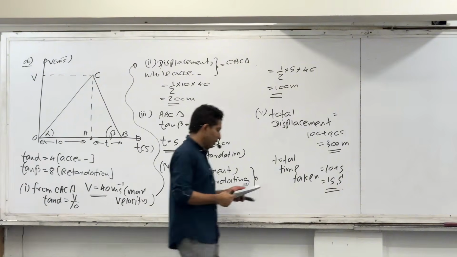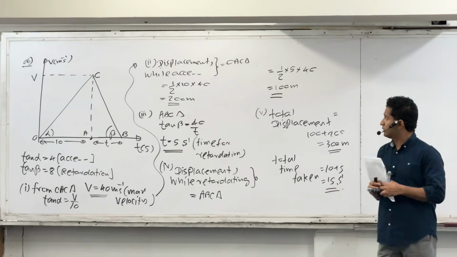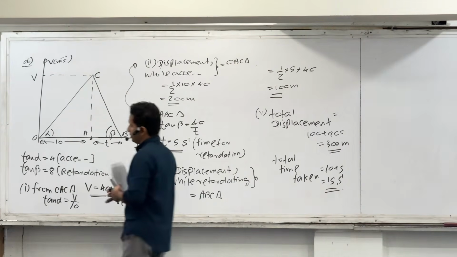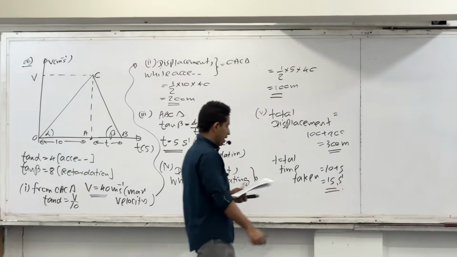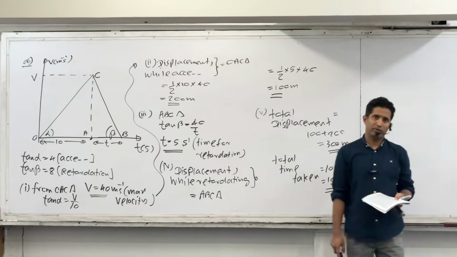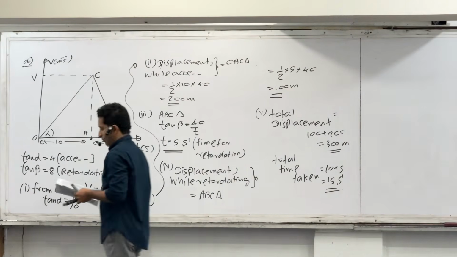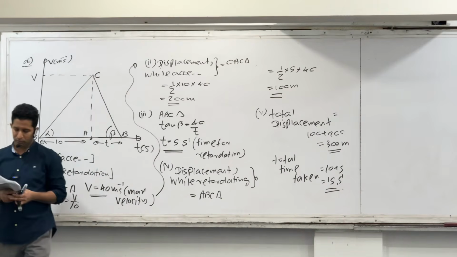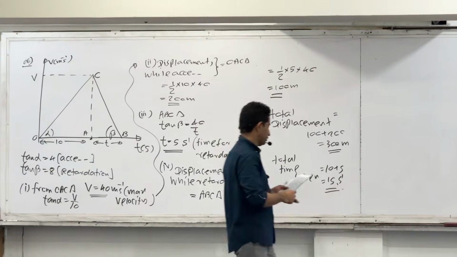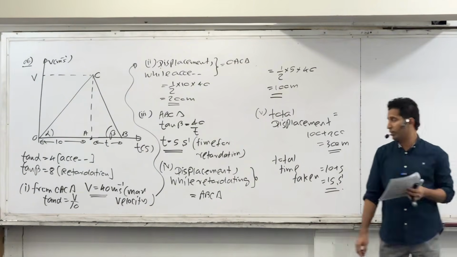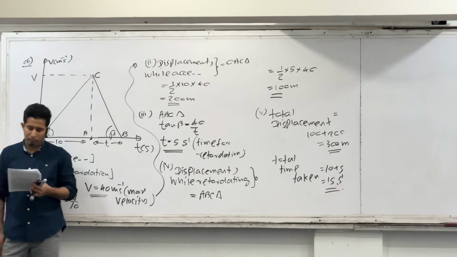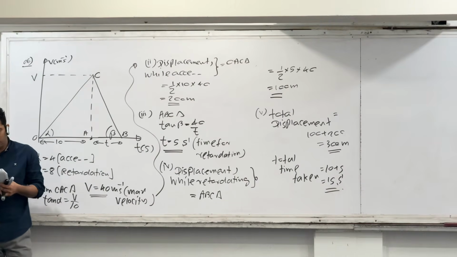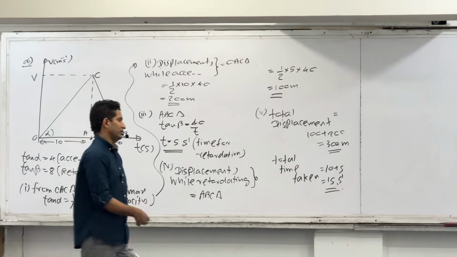A body starts from rest and moves with constant acceleration of 6 m/s² for 10 seconds.